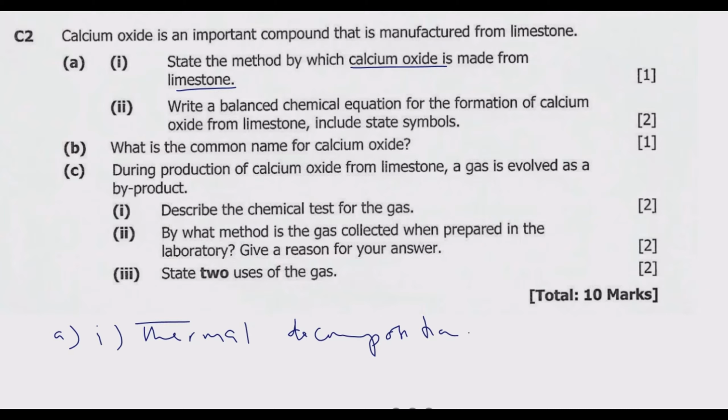Roman numeral 2: write a balanced chemical equation for the formation of calcium oxide from limestone. Include state symbols. We know that limestone is calcium carbonate, which is solid, and it is decomposed.